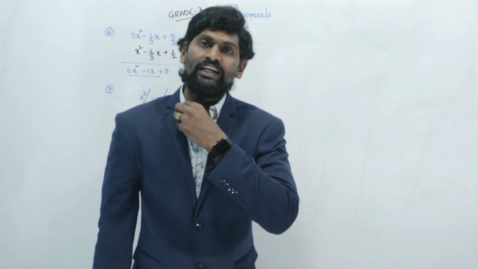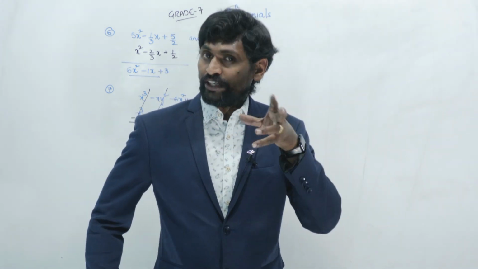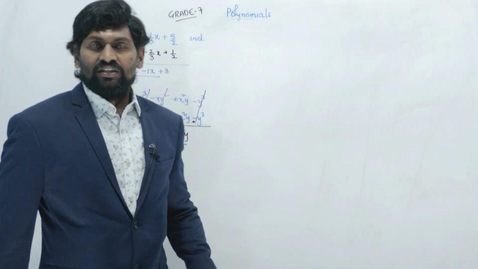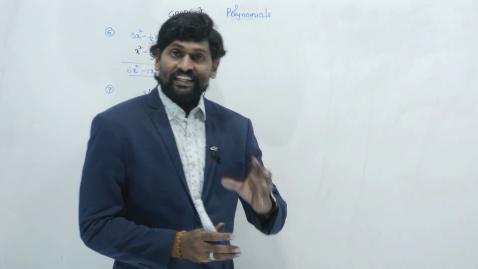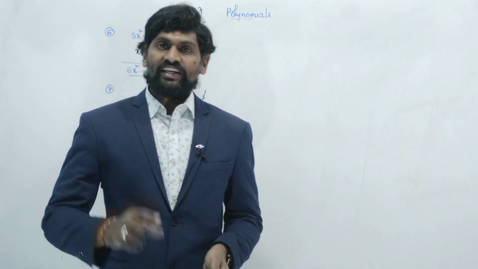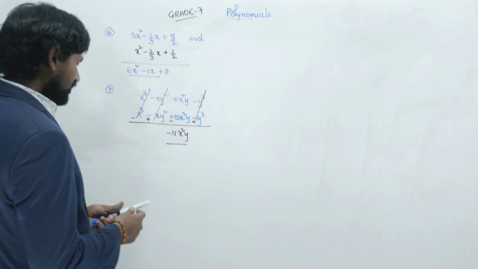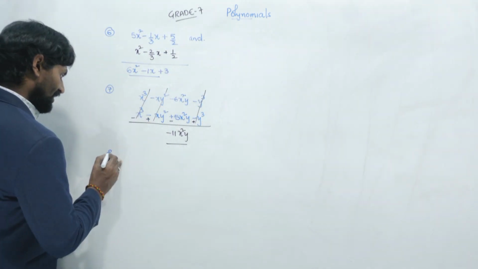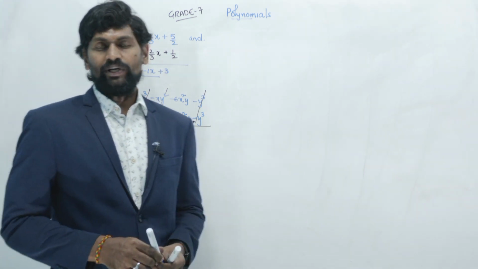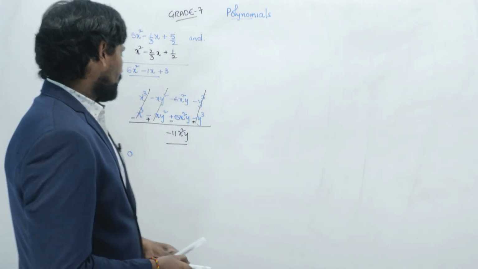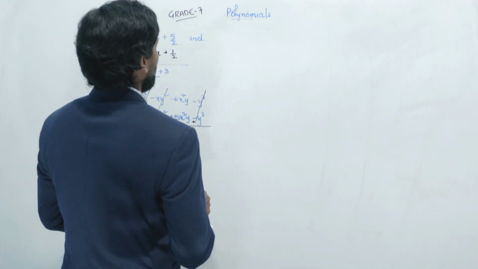Additive inverse and multiplicative inverse change according to the terms. So additive identity is 0 and multiplicative identity is 1. According to the question, our answer is additive identity is 0. Okay, let us move on to question number 9.